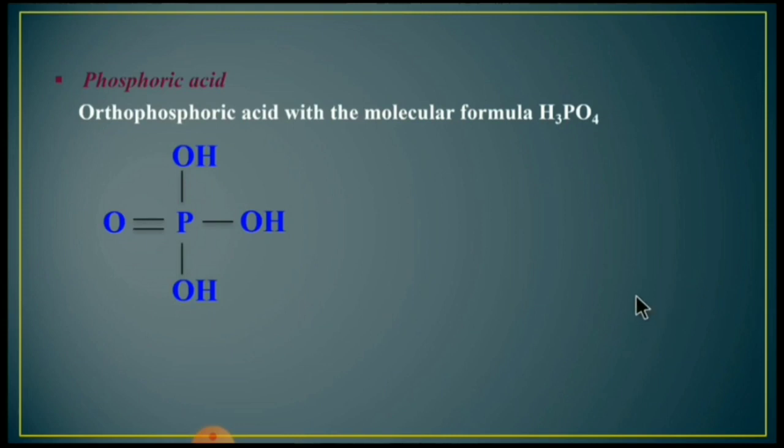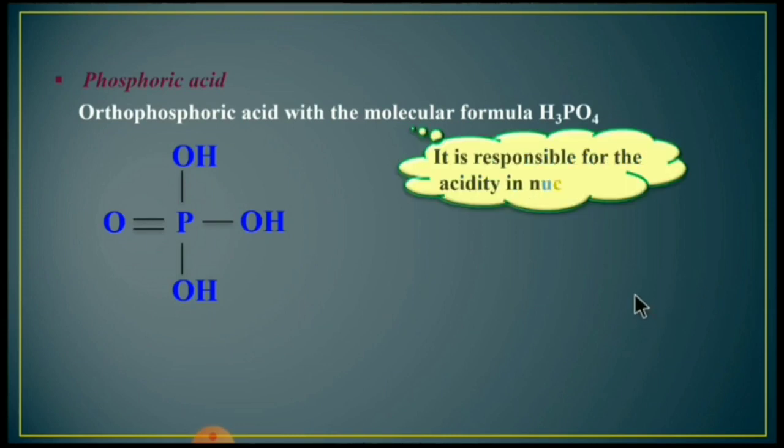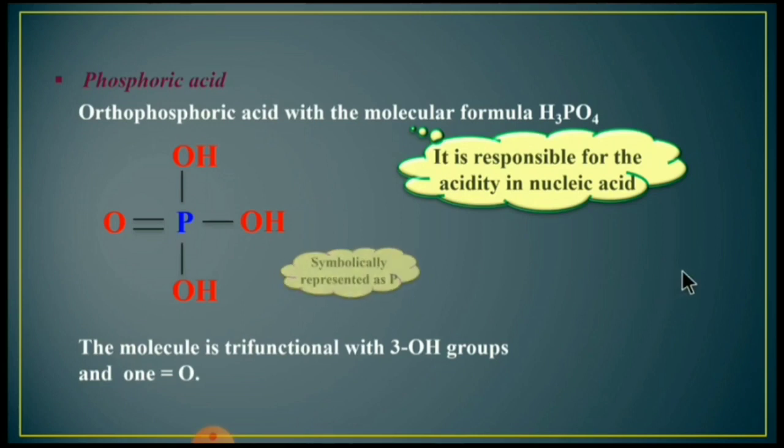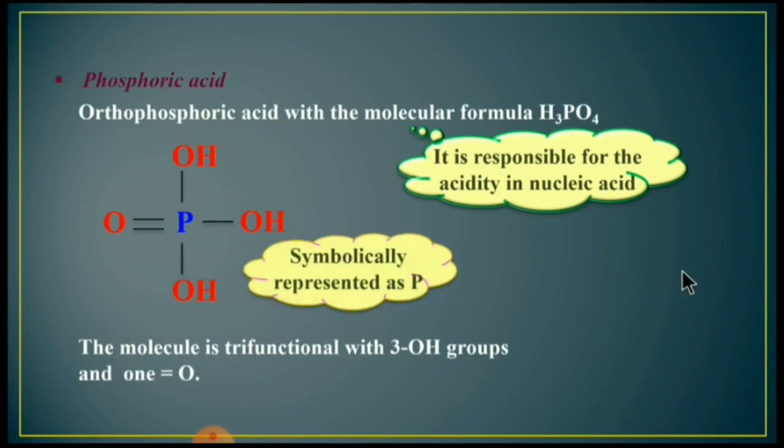That means it consists of 3 functional OH groups, hydroxyl groups, and 1 oxygen atom. And I told you the nucleic acids are acidic in nature. Why? Because of the phosphate group, which is symbolically represented as capital P.